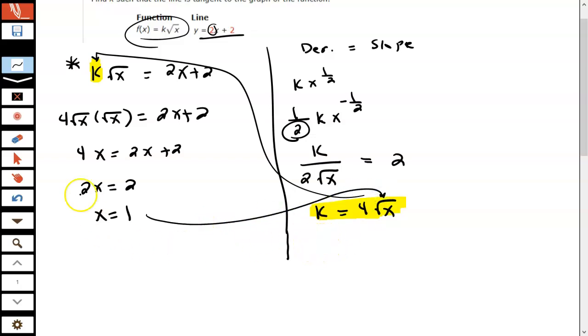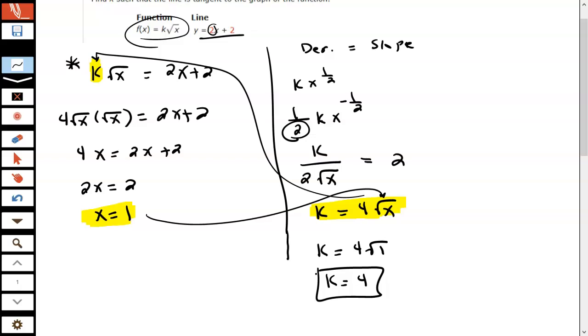Okay, so I know if x equals 1 and k equals 4 times the square root of x, then k equals 4 times the square root of 1. The square root of 1 is 1. So k equals 4 times 1, which is just 4.